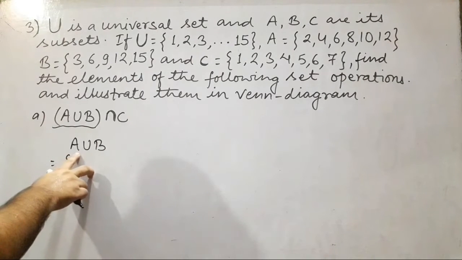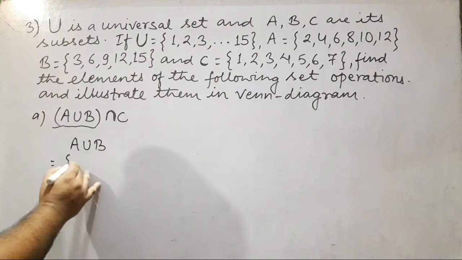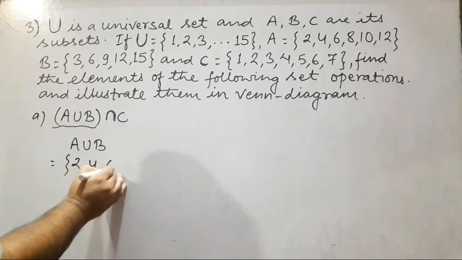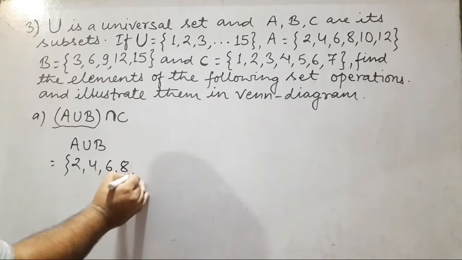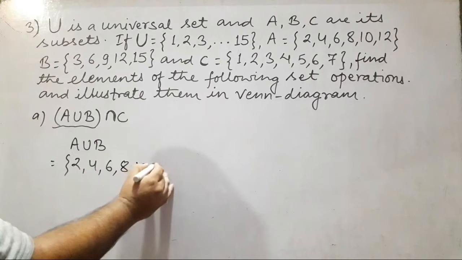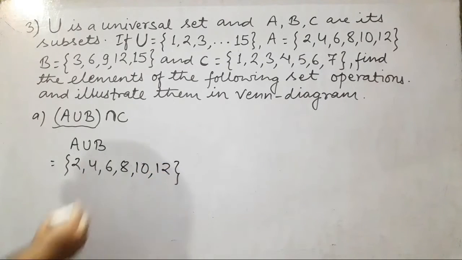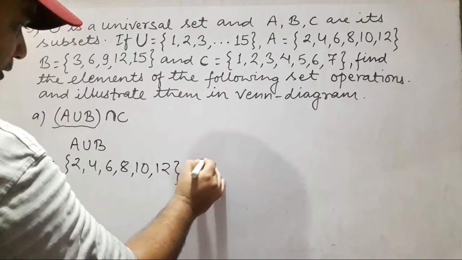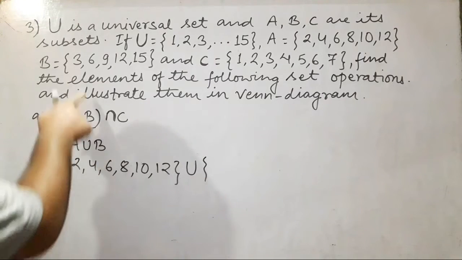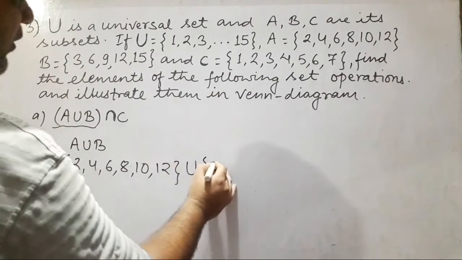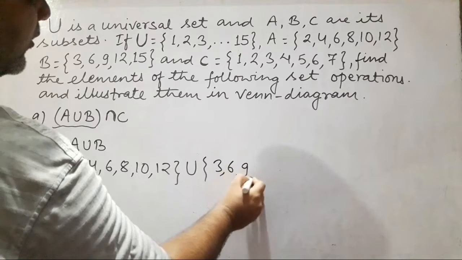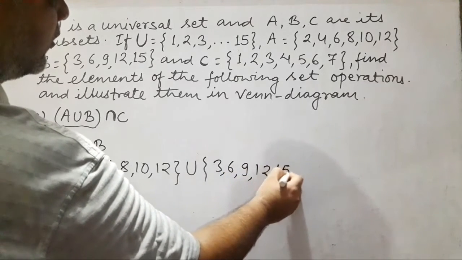So what are the elements of A? 2, 4, 6, 8, 10 and 12. Union the elements of B: 3, 6, 9, 12, 15.